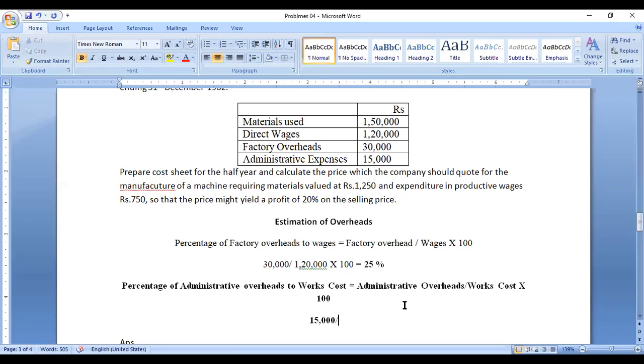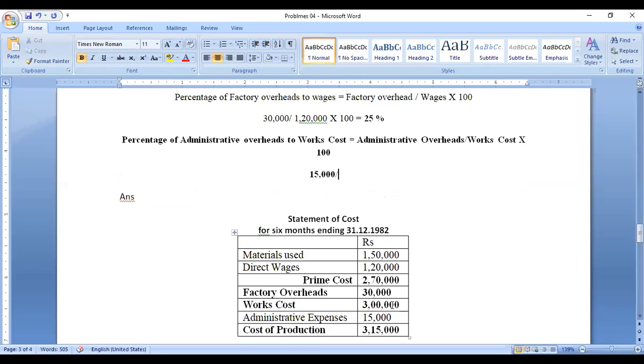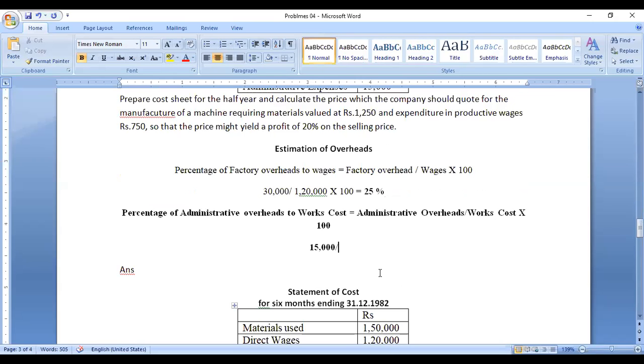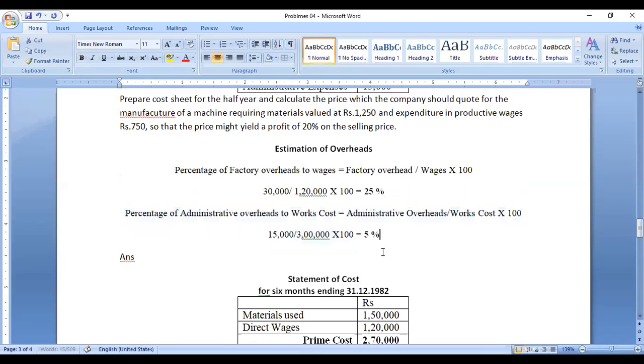That work cost is calculated, and that amount is 3 lakhs. So 15,000 divided by 3 lakh into 100 is 5%. So this is the answer.